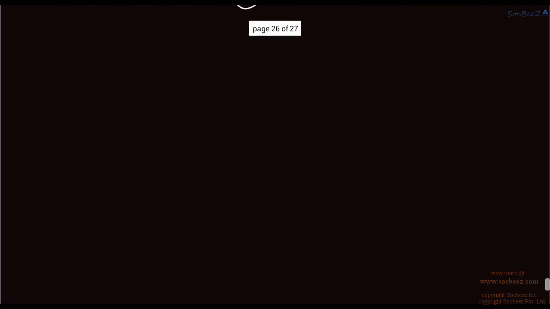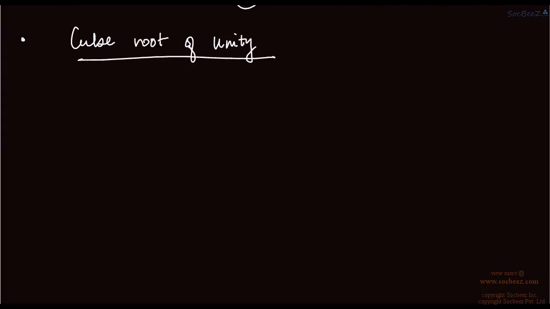We'll move on to the cube root of unity. One question is always from this topic. If any question is from complex numbers, then cube root of unity is involved. So the cube root of unity, that is, the cube root of 1. Let's say this is x. Well, let's say it is z, because we are dealing with complex numbers here.